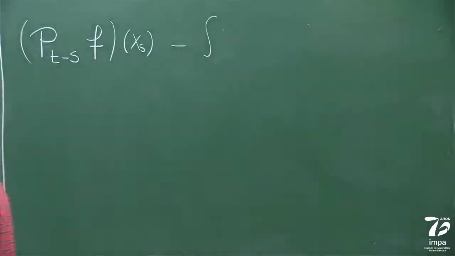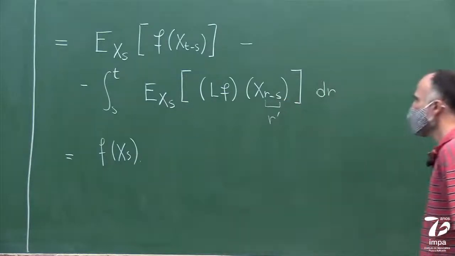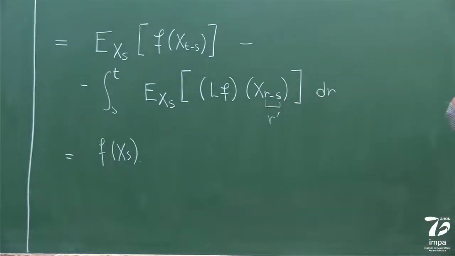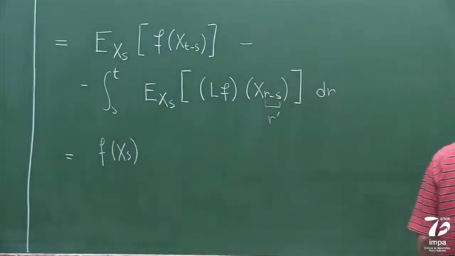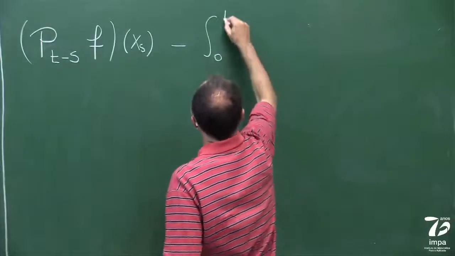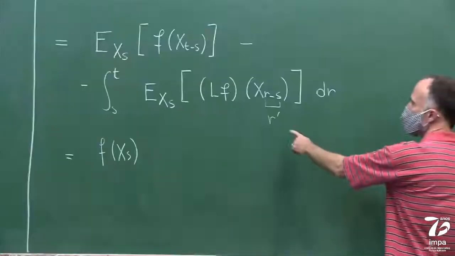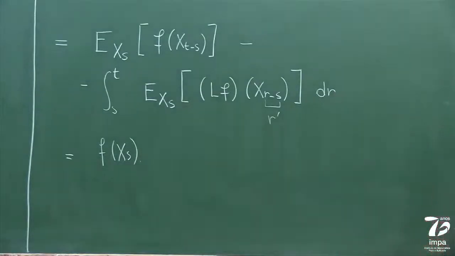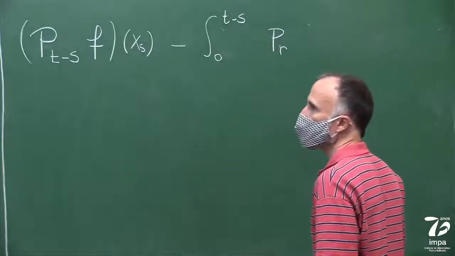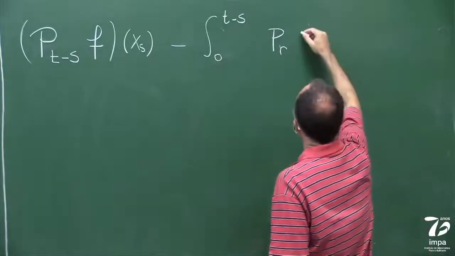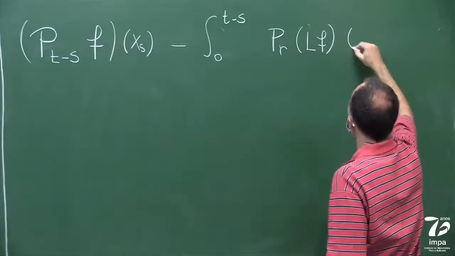Let me call this r prime, so r prime is r minus s, going from 0 to t minus s. And then, since this is r prime, what I have is P_{r'} applied to the function Lf and computed at xs.